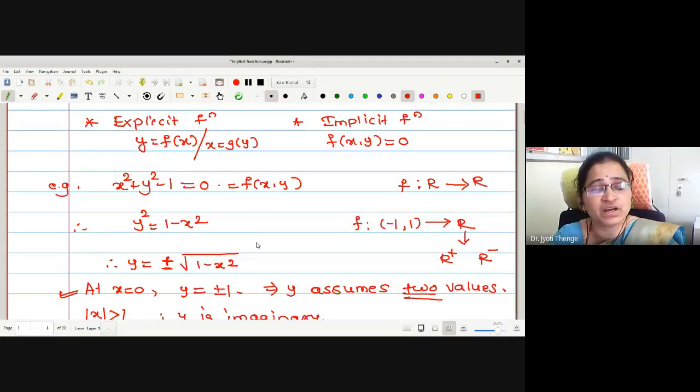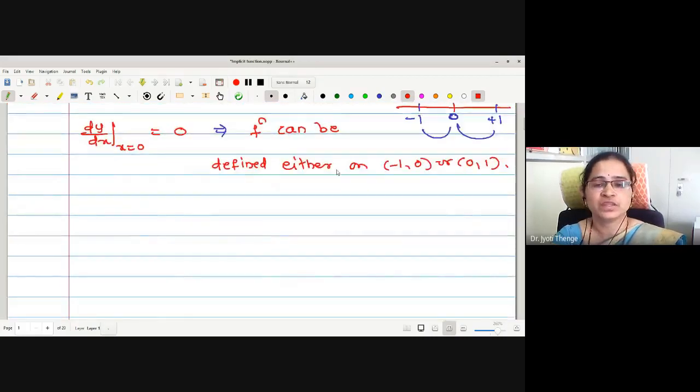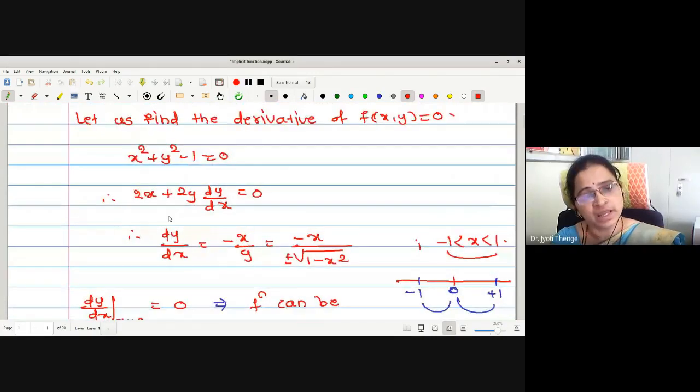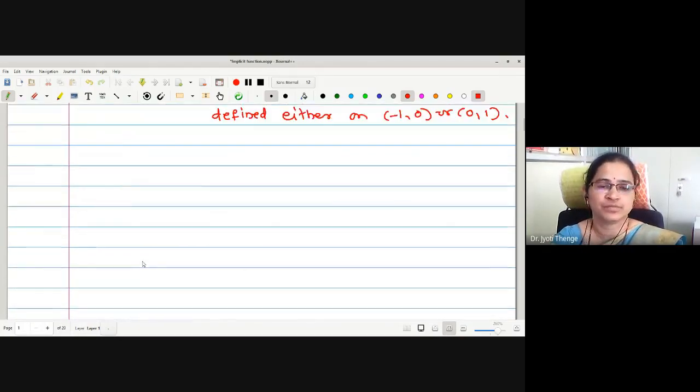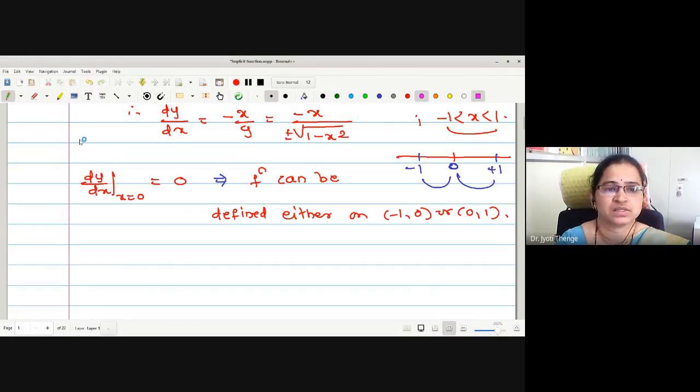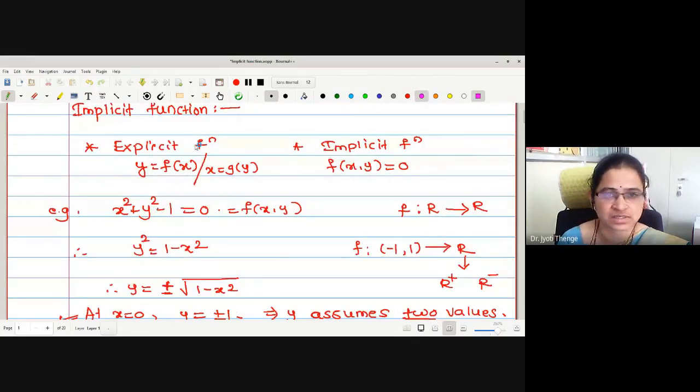So see how many difficulties we have faced in order to convert this simplest form of an implicit function to an explicit one. The nature of converting implicit to explicit depends on its derivative. Okay, depends on its derivative. Correct? Let me go to a more general multivariable case. Here I have written this as an example.